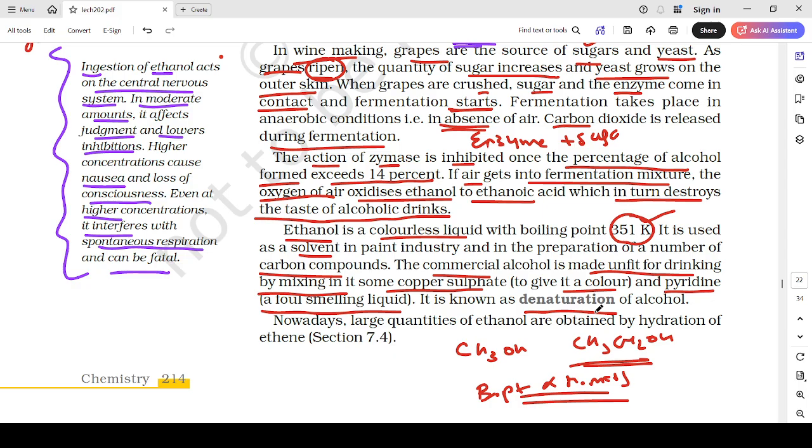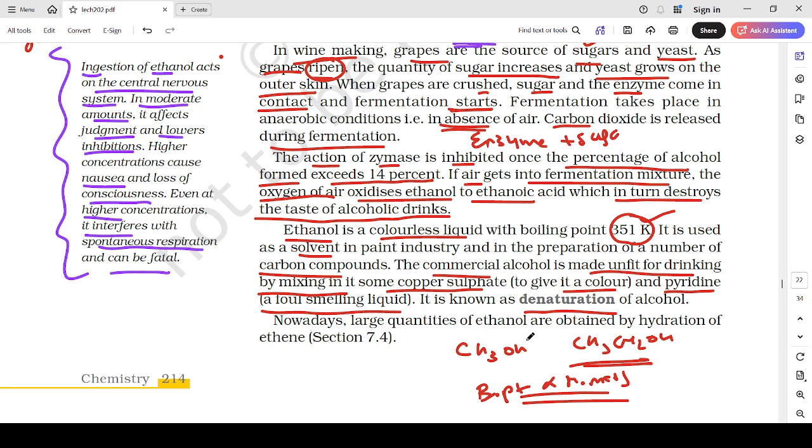As I mentioned in our previous class, those who are working in the beverage industry or the liquor industry may take it to their home or consume it. The illegal businesses would start. To stop this, they denature this alcohol. So they add copper sulfate to give it a color and pyridine to add an unpleasant odor to it.